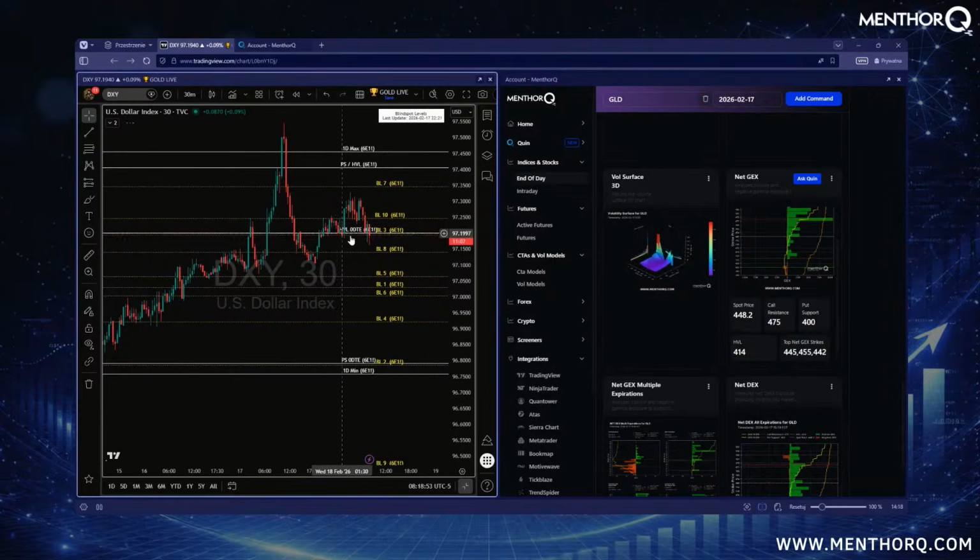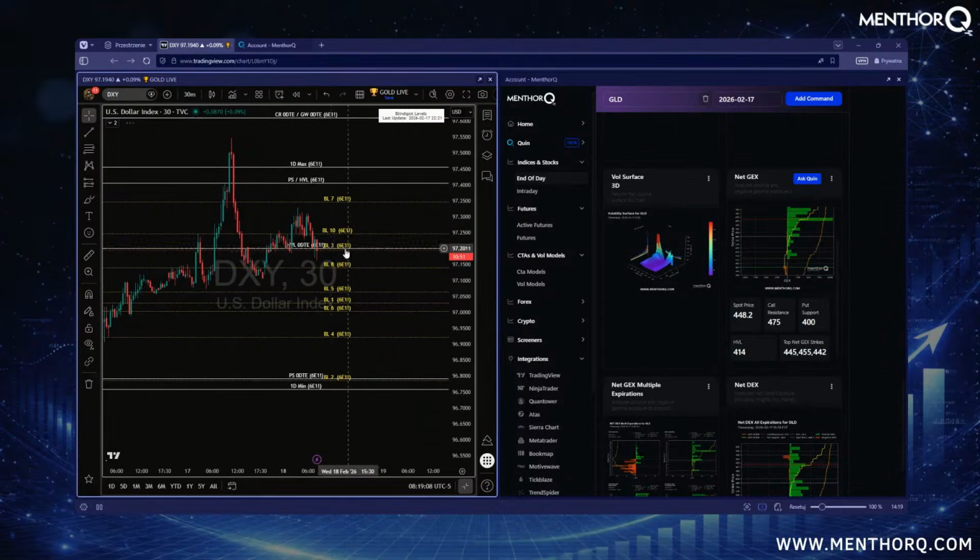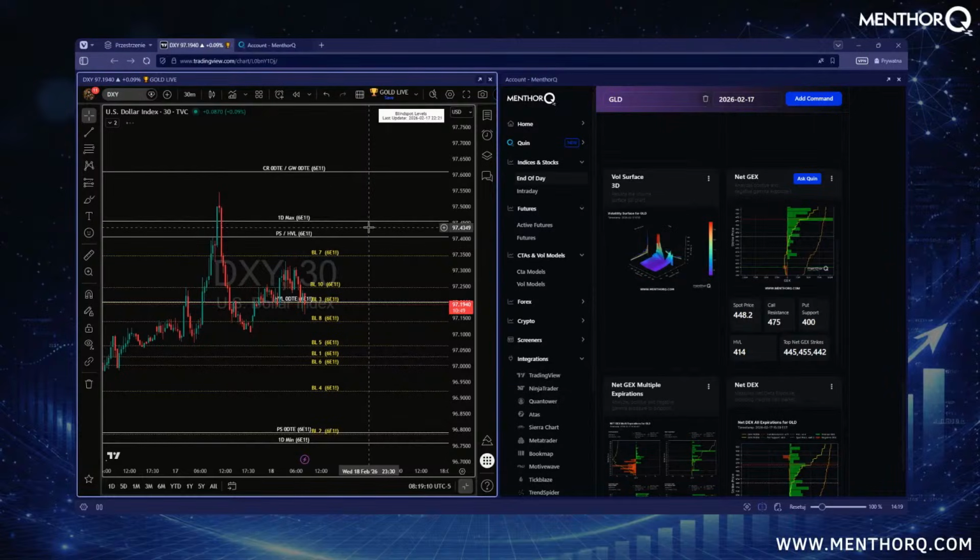Right now, we are on the HVL 0 DTE level, where when we are converting the euro contract to the dollar index, I'm usually using auto conversion. So what we can say, this is a switch mode. If we're going higher, then we have two zones.